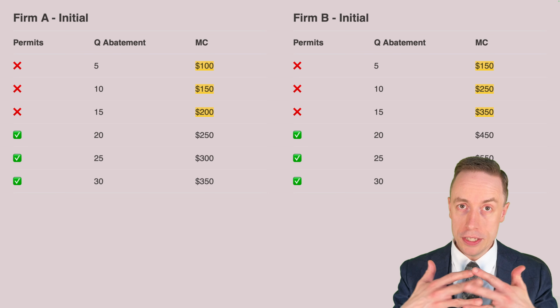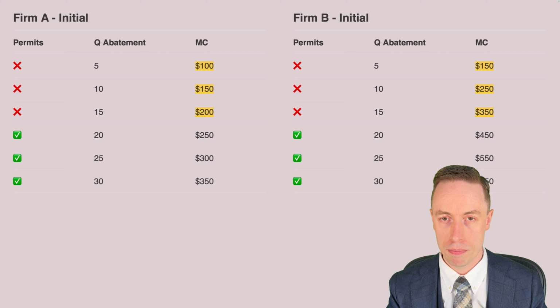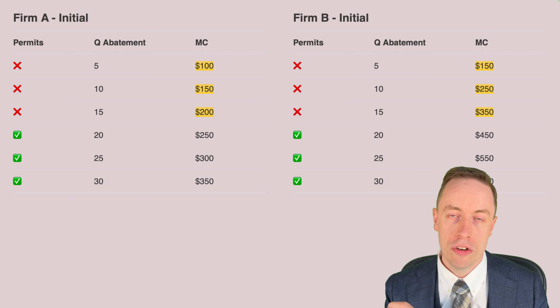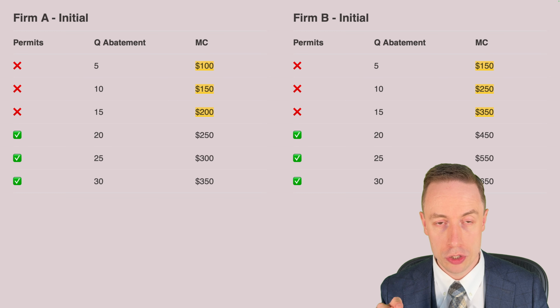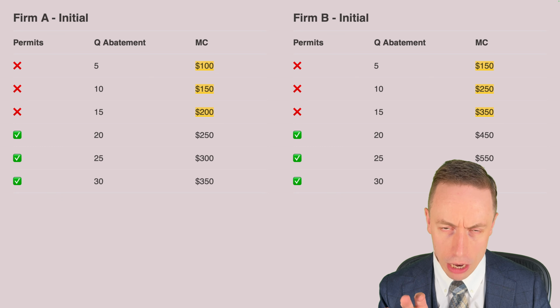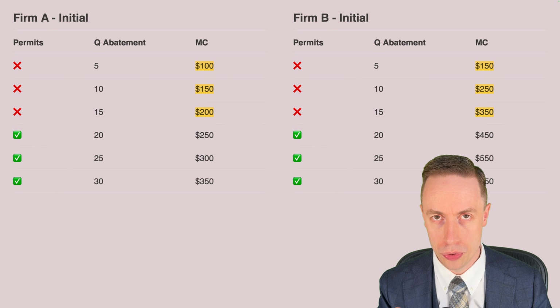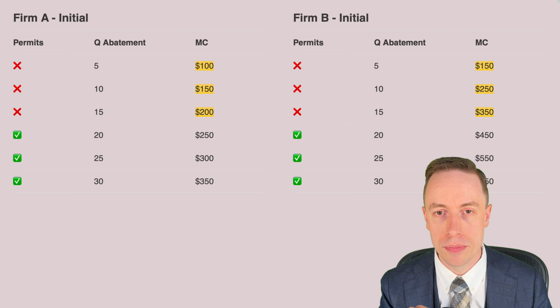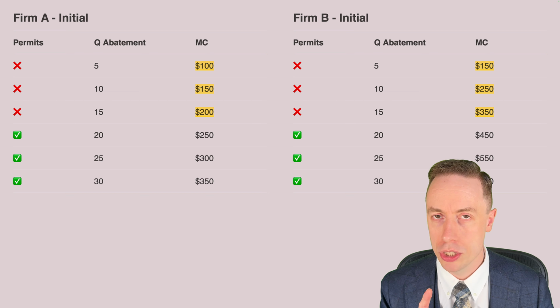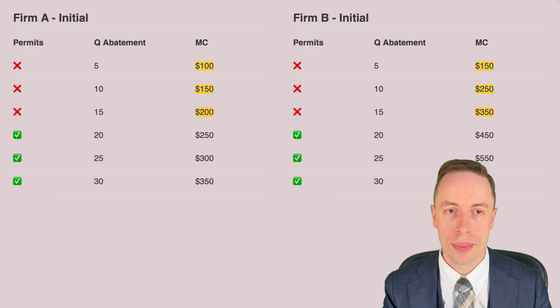There's a deal to be made here, right? Somewhere in between $250 and $350 is a per permit price where firm A is willing to sell 5 permits and makes money, and firm B is willing to buy 5 permits and also make money. Now, I can't tell you exactly where in the range of $250 to $350 this deal will be made. But I do want to pick a particular number because it illustrates a particular phenomenon.